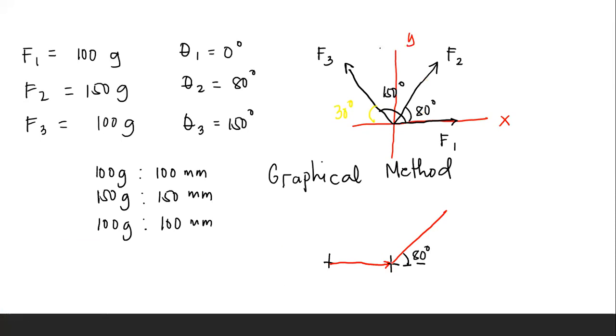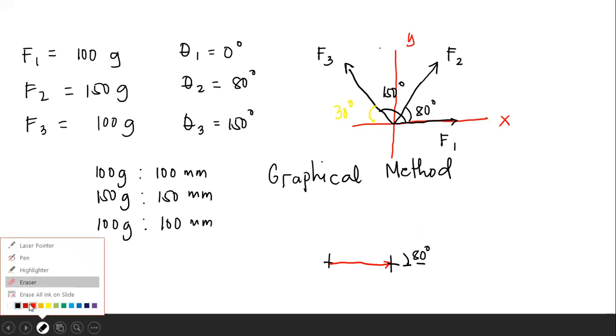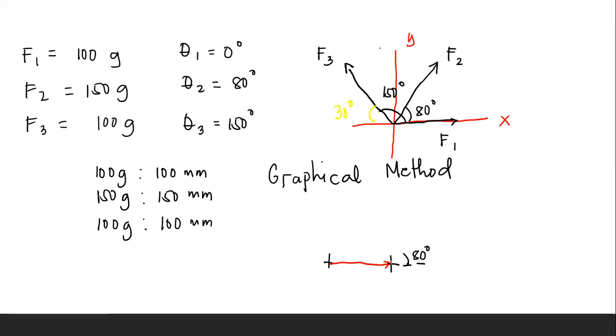Then, from the head of the F1, measure again 150 millimeters. For example, this one is your 150 millimeters. That would be your F1, F2.